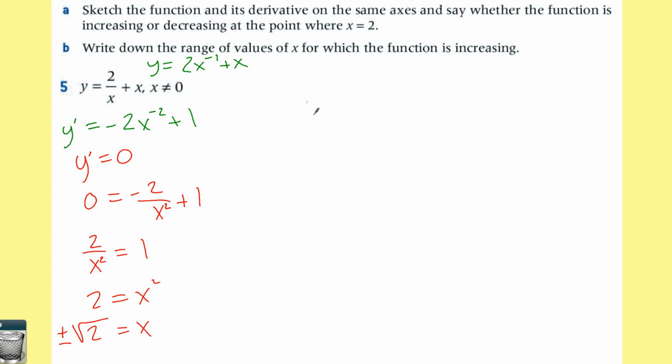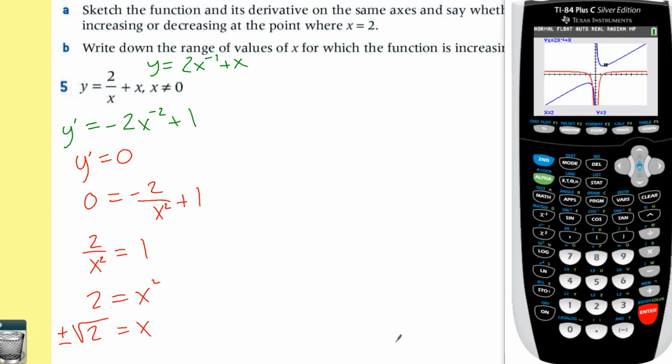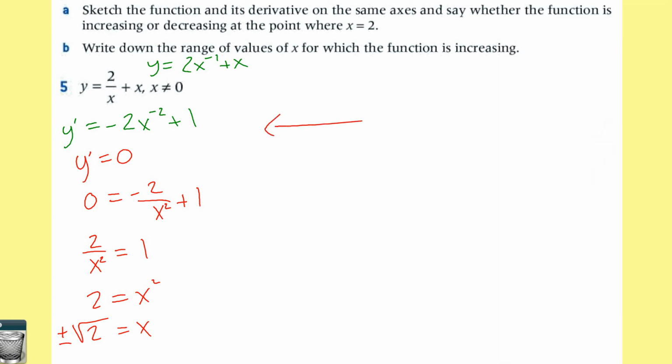And looking at our graph, negative square root of 2 is here. A positive square root of 2 should be right there. I'm pointing at it on the blue. And negative square root of 2 should be right around there. That maximum point right there. So here we have negative square root of 2, square root of 2, you have 0 somewhere.